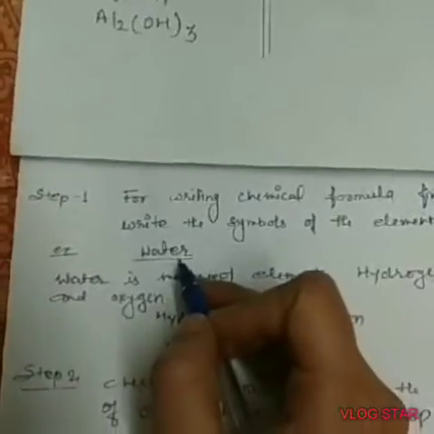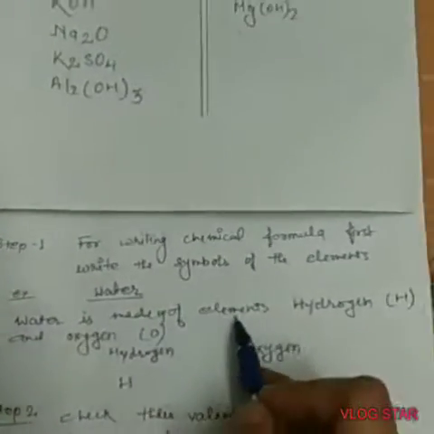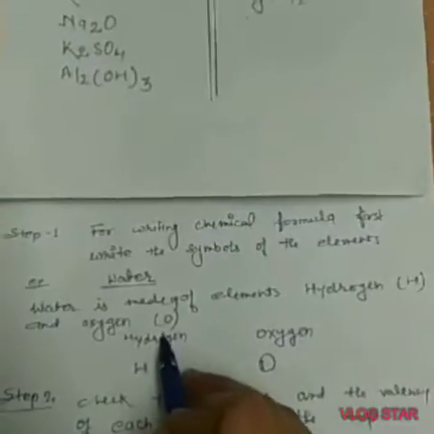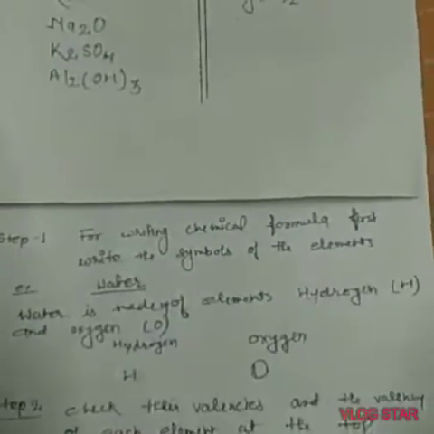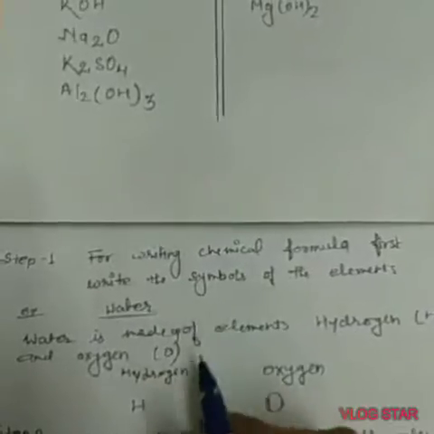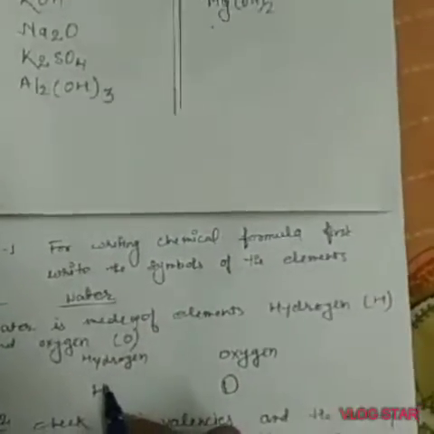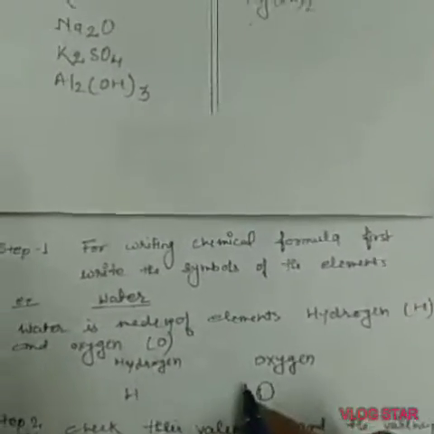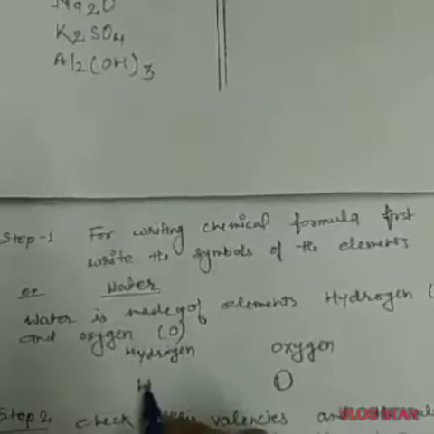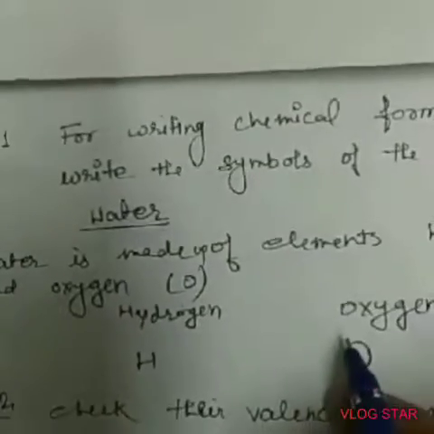Let's take an example, water. Water is made up of the elements hydrogen and oxygen. So, for writing chemical formula, firstly we write the symbols of the elements. Symbol of hydrogen is H and symbol of oxygen is O.